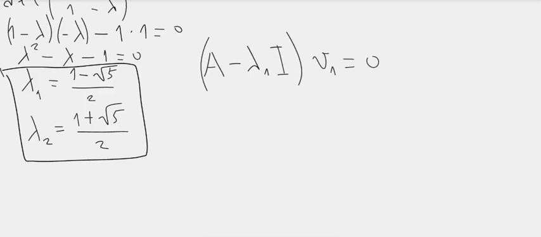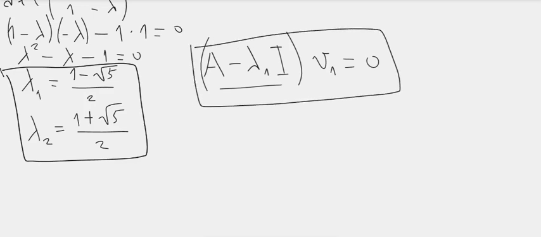This matrix we already know. We have put the value lambda 1 here, and vector v1 has two values in it. This is basically a system of equations in two variables. It can be easily solved. I'm not going to show the details. It's a very technical, straightforward thing.